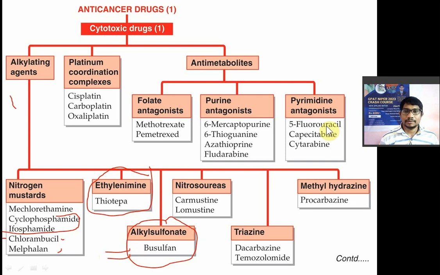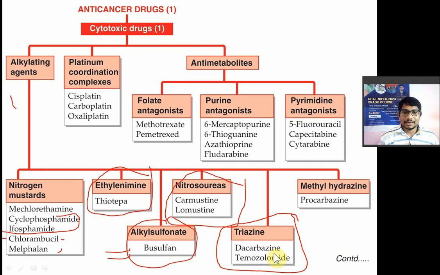Now nitrosourea: in the alkylating agents, the fourth class is nothing but the nitrosourea. In that you have carmustine and lomustine. The fifth class in the alkylating agents is nothing but the triazine. In that you have dacarbazine and temozolomide.